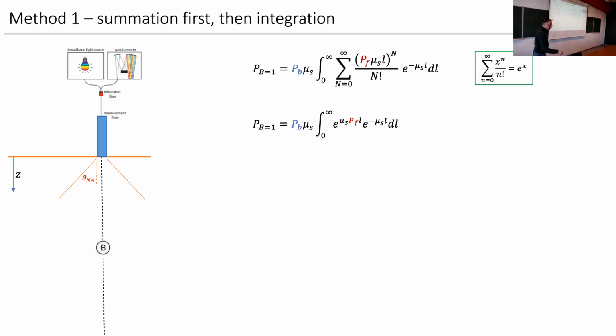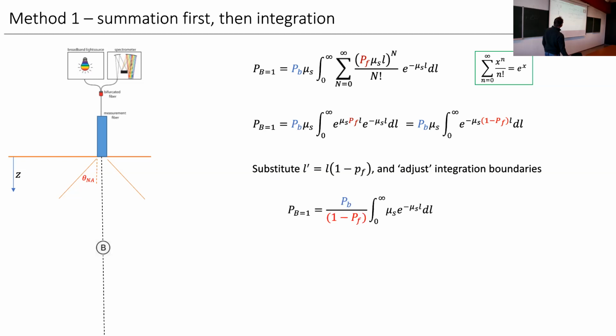Then the integration can be carried out pretty straightforwardly. We can group these two exponentials with μs in both terms, so we have μs times (1 minus p). Then carry out the integration with a convenient substitution, and we have here one.